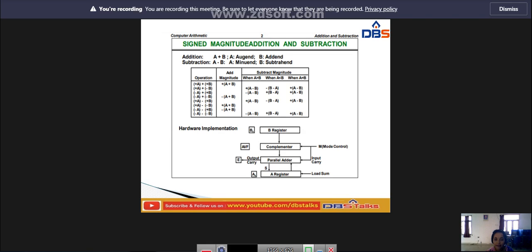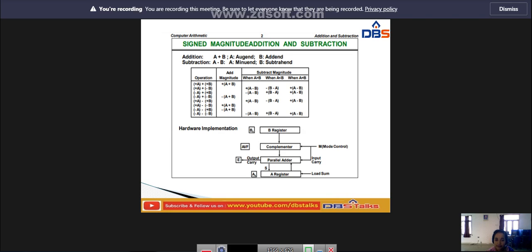Then there are the cases when a is greater than b, a is less than b, and a is equal to b, and we differentiate for that. This is the subtract magnitude. Then this is another operation: plus a plus minus b.